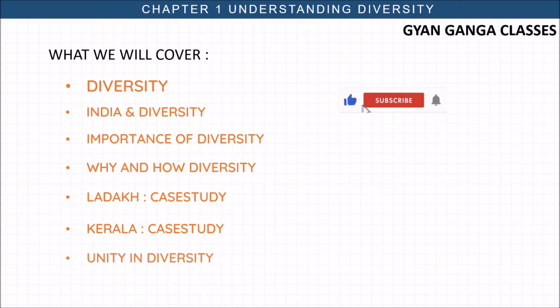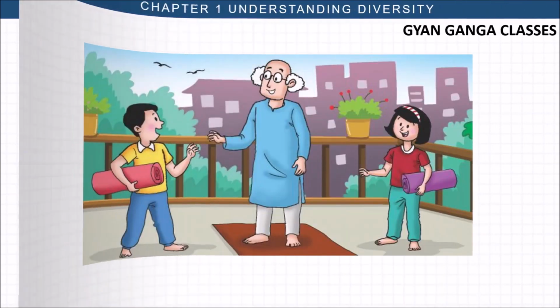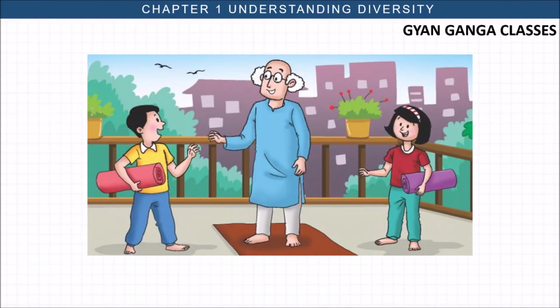So let us start. First, let me tell you a story about Rahul and Priya. Rahul and Priya were two students, a brother and sister, who went to their grandfather's house for a summer vacation. Dadaji said, come, this time let me take you somewhere. They were so excited and said yes, we will go in the 4 directions of India.